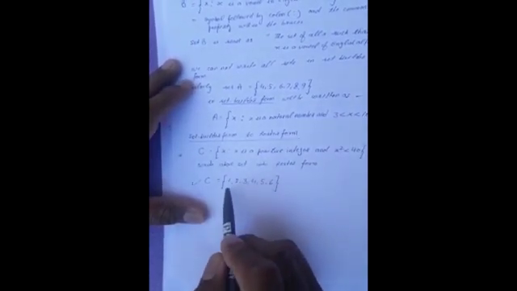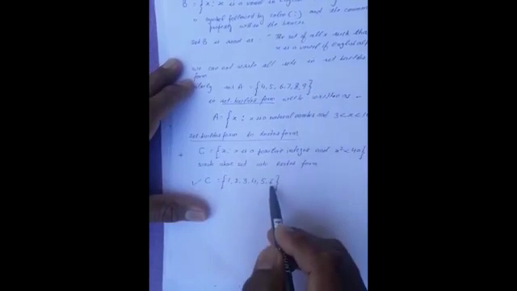The next positive integer is 2. The square of 2 is 4, less than 40. Continue in the same manner up to 6. The square of 6 is 36, which is less than 40, so it should be included. Now think of 7. The square of 7 is 49, which is greater than 40, so 7 will not be included. So set C will contain 1, 2, 3, 4, 5 and 6. This is called roster form, and this is the way to convert set builder into roster form.